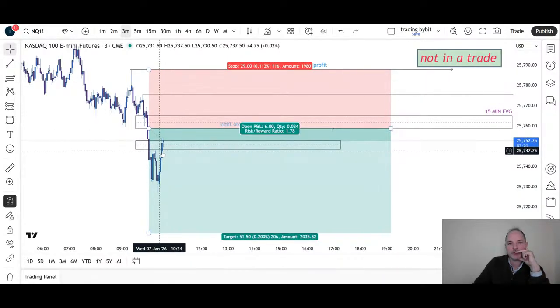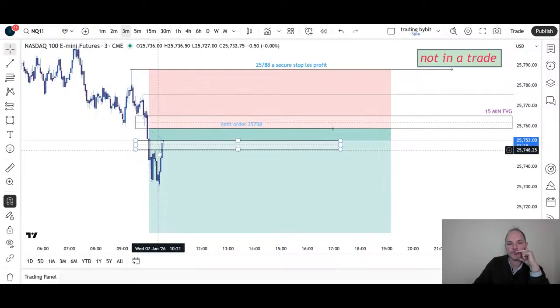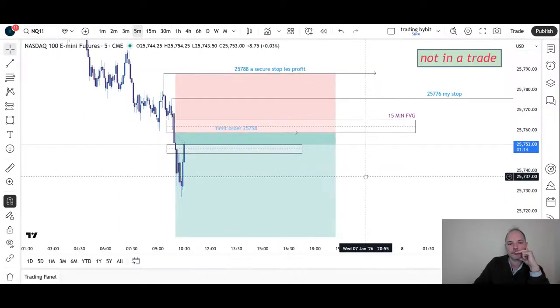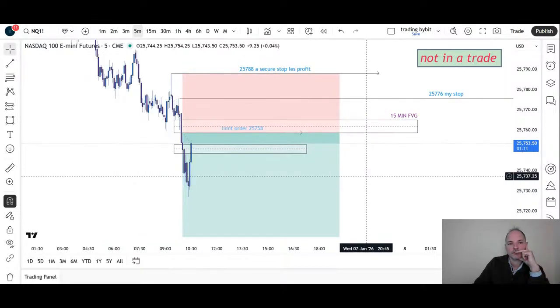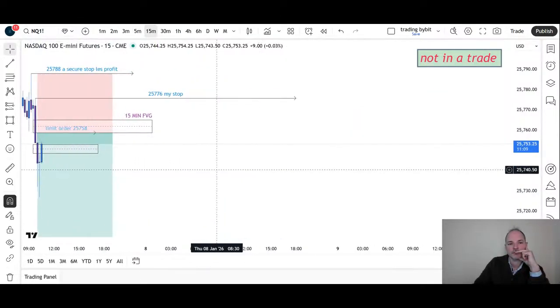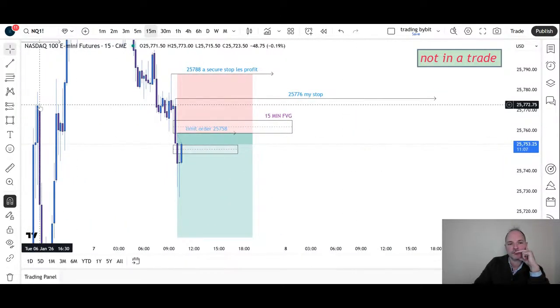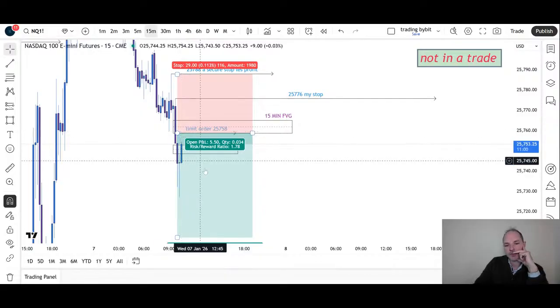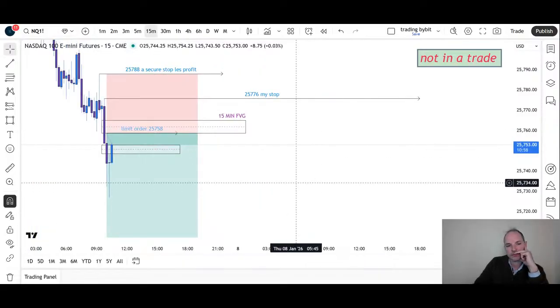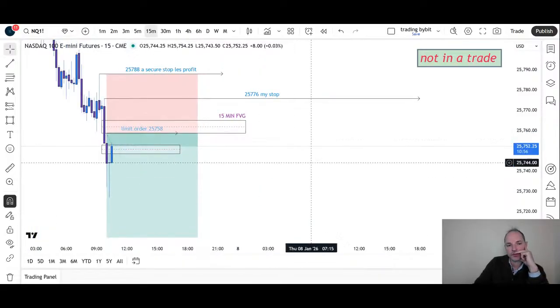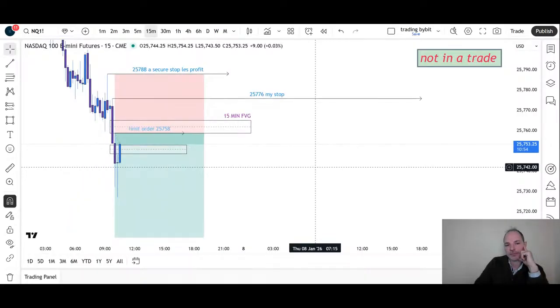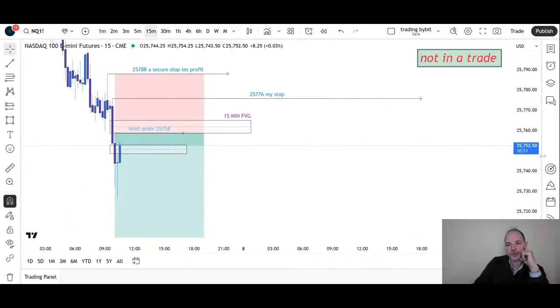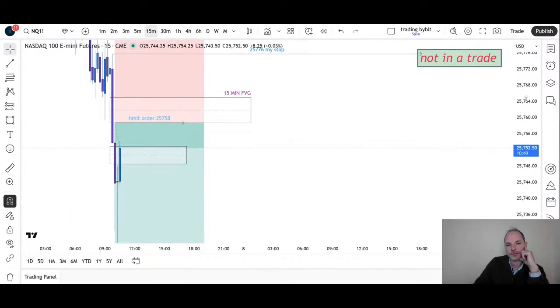Here we did have a 3-minute shift in character. I want to see it hit that limit order, and I want to see it have a very fast action back down. Let's see if we get that hit, or if we get that tap actually. We still got 10 minutes, so that's okay.